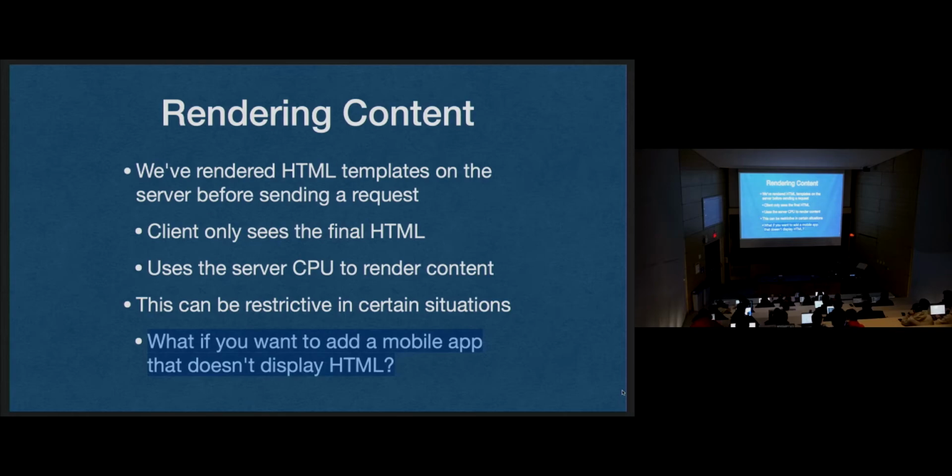How do you do that? Your mobile app's not going to render HTML unless, I forget what it's called, but there's a way to package your website and just turn it into an app. But it's slow, it's bulky. It's not the best thing to do.